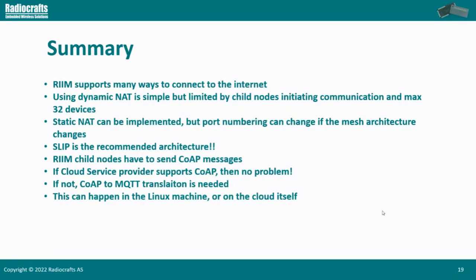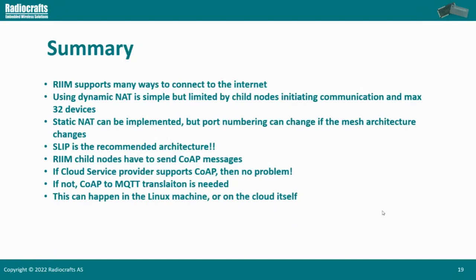And you cannot really initiate from the server side, because the server side does not know what port number that child node is assigned. Then we discussed static NAT, where you can just print the network tree from the border router point of view, and then you can just use these numbers to know what port numbers they are assigned in static NAT, and then you can use these port numbers to initiate communication from the server side.